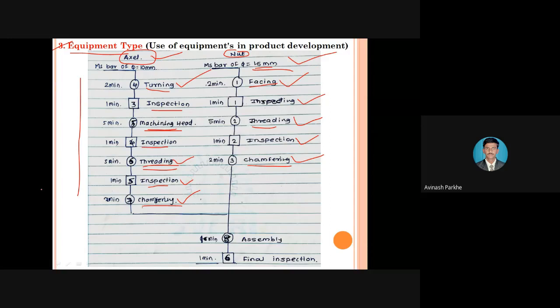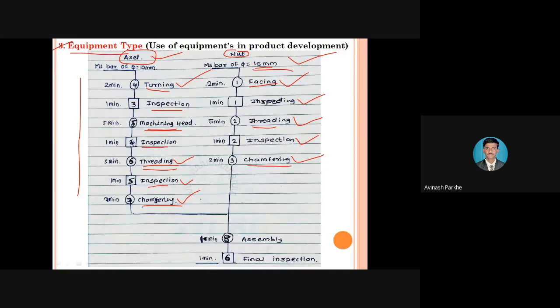Again, after performing 2 or 3 operations, again we have to go for inspection. Therefore, after performing 1, 2, or 3 operations, the inspection symbol is also represented in this equipment type of flow process chart, in which you will get the sequence of operations to manufacture that product, as well as the locations of the inspections.